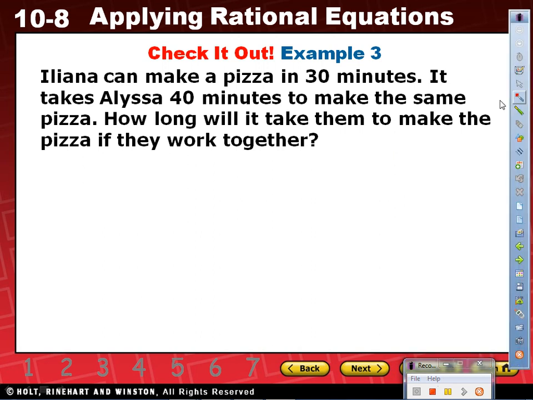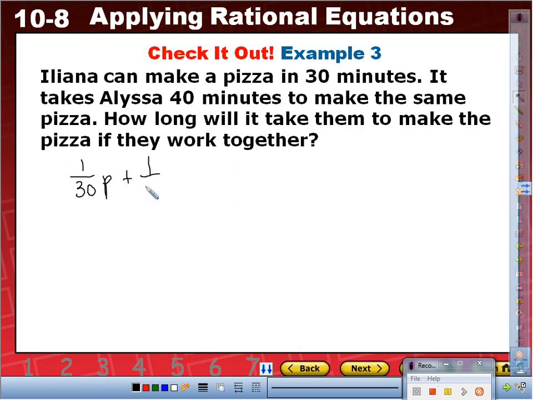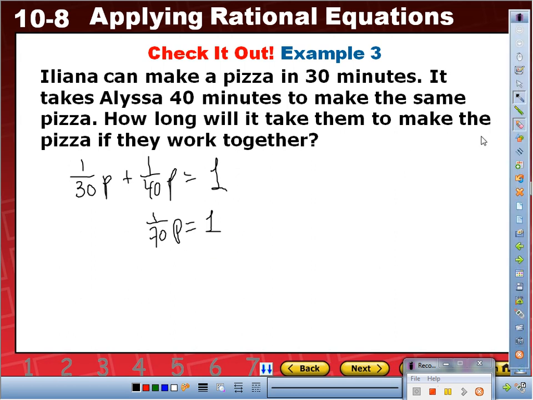So, I showed you 2 ways of solving this, right? So we can solve it by 1 over 30 p plus 1 over 40 p equals 1 whole pizza. This becomes 1 over 70 p equals 1. Is that correct? Oh, common denominator. That's true. Totally forgot.